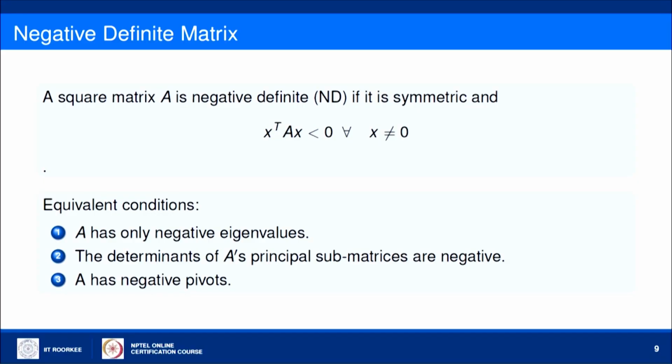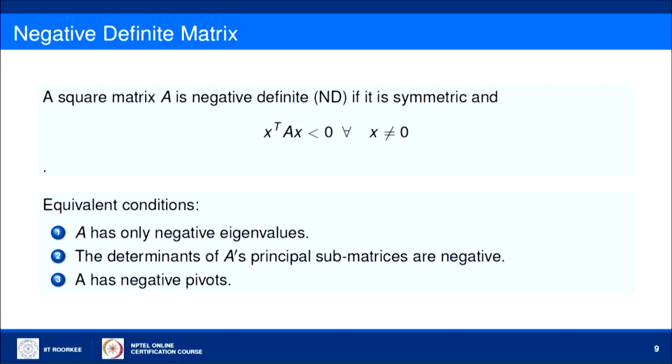In the same manner, we can define the negative definite matrix. A square matrix A is negative definite, in short ND, if it is symmetric and x transpose Ax is less than 0 for all non-zero x.